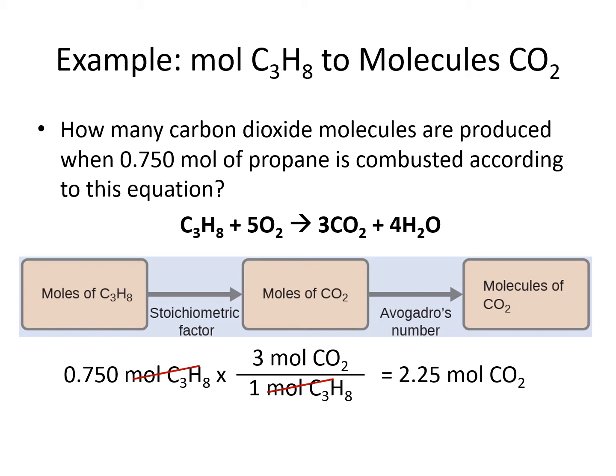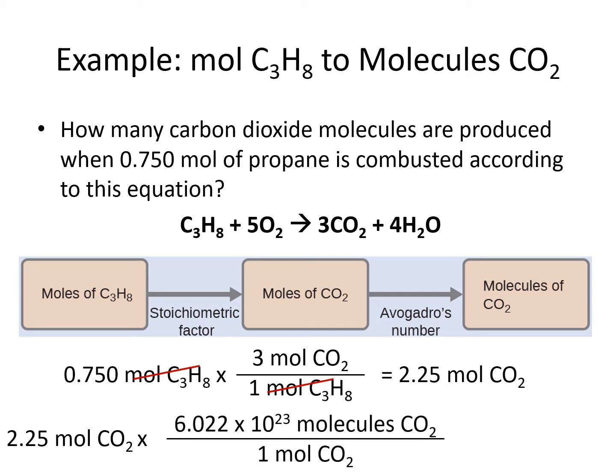Next, we need to convert from moles to molecules. We start with our 2.25 moles of CO2. We choose a conversion factor with moles of CO2 on the bottom to cancel out, and molecules of CO2 on the top, since that's what we are trying to solve for. We fill Avogadro's number next to molecules and 1 next to moles.